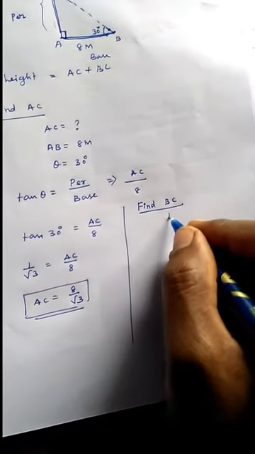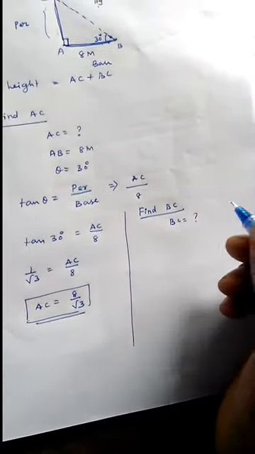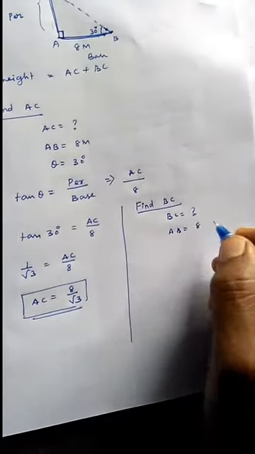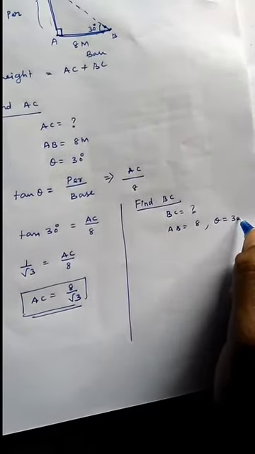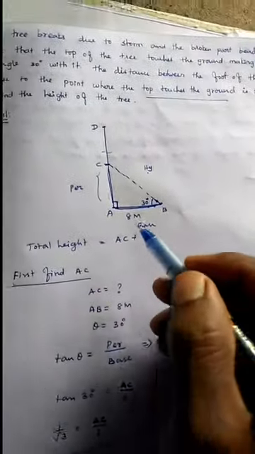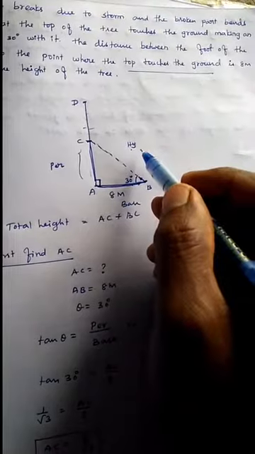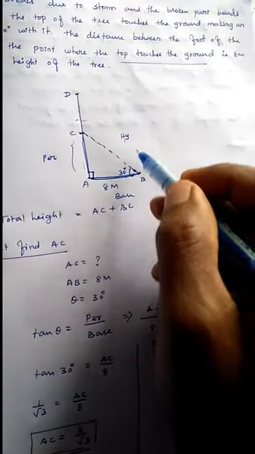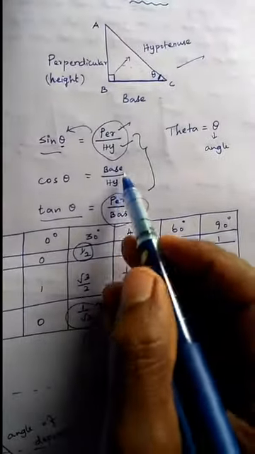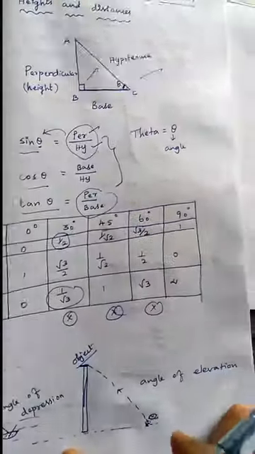So BC is the question mark, and we know base AB equal to 8 meter and the angle theta equal to 30 degree. Now AB is the base here, and we have to find out hypotenuse. So base is given, hypotenuse to find. What formula? Base and hypotenuse formula, you have cos theta.